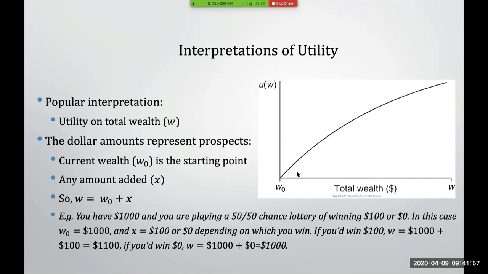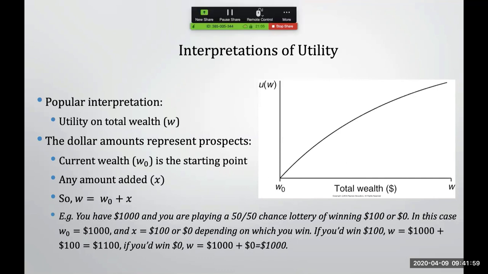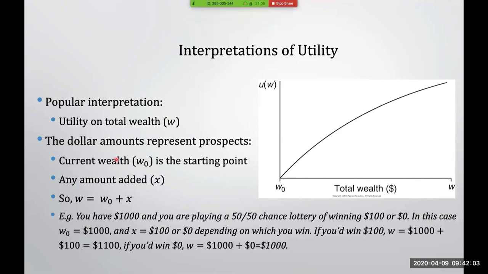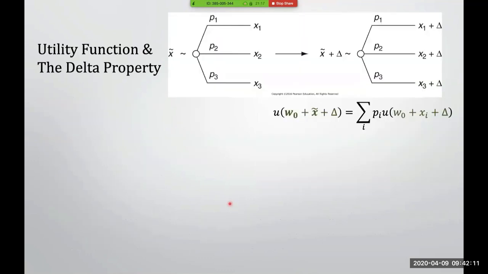So over here, now we're finally ready to take a look at a person's utility function given this new interpretation of the x-axis. The first thing to notice is what we're referring to when we're looking at the delta property, right?